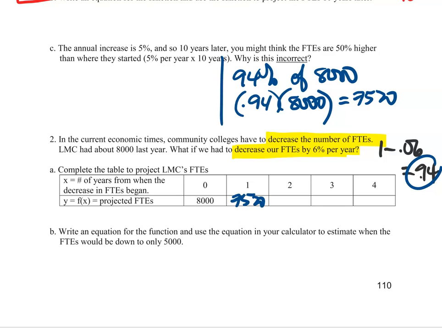Next, decrease again by 6%. That's the same thing as 94% of 7,520. That is approximately 7,069.